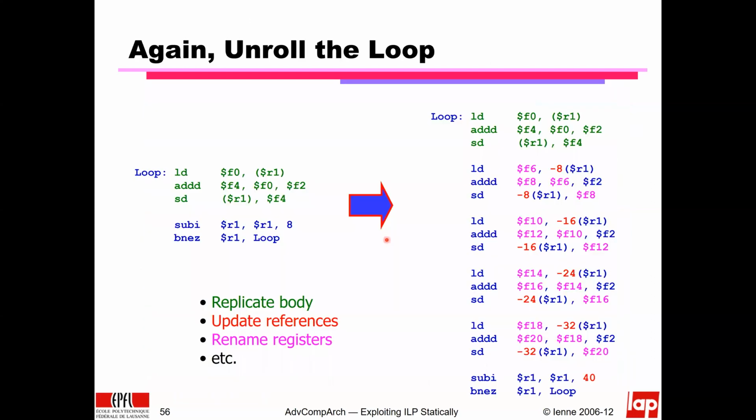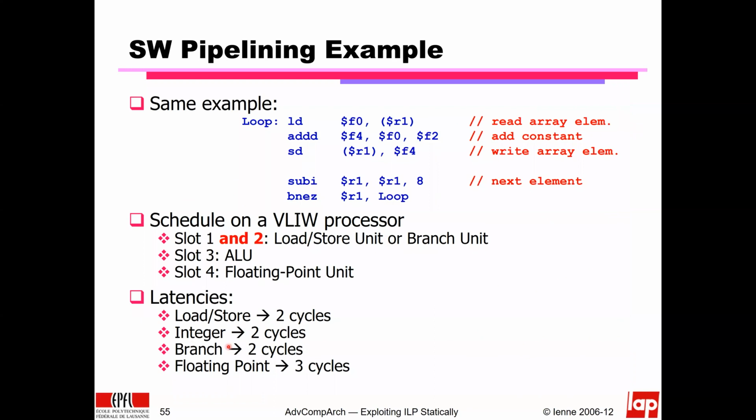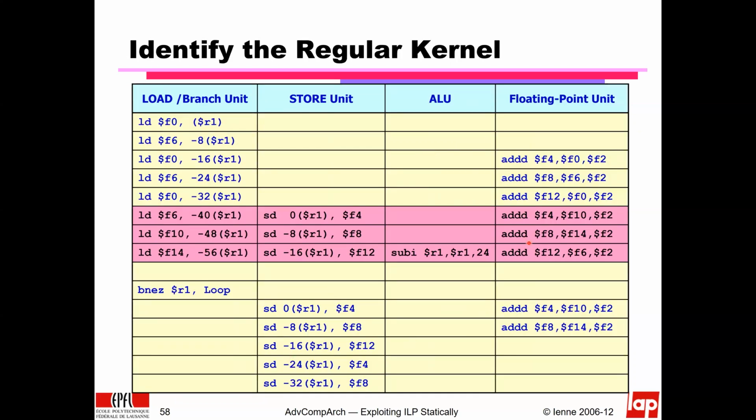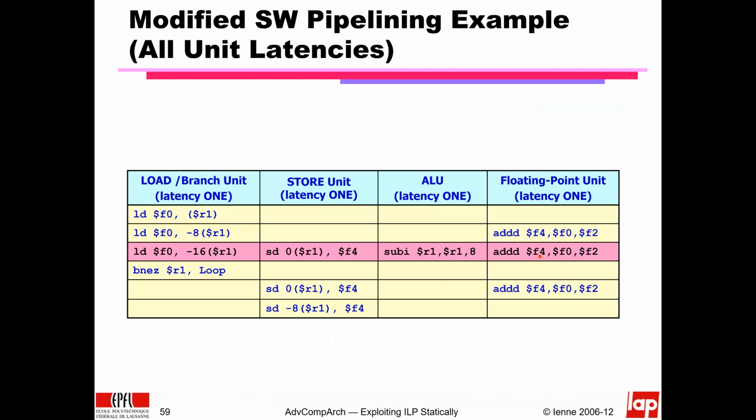In this case, it has to do with the fact that the floating point add takes 3 cycles, and you need to have 3 bodies, 3 replicas of the body in the new restructured body. And if you had latencies of 1, it would be as perfect as my qualitative example at the very beginning. So they are just technicalities.